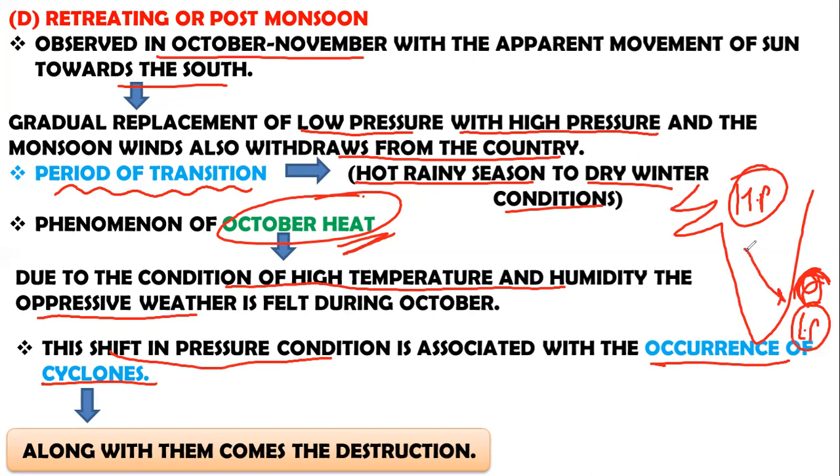So all the winds gush towards the Bay of Bengal, and due to the Coriolis force, these winds start circulating, and when the winds start circulating, they create the condition of cyclones in the Bay of Bengal, and along with these cyclones comes destruction. Cyclones are very destructive in coastal areas. They cause a huge amount of destruction in coastal areas.